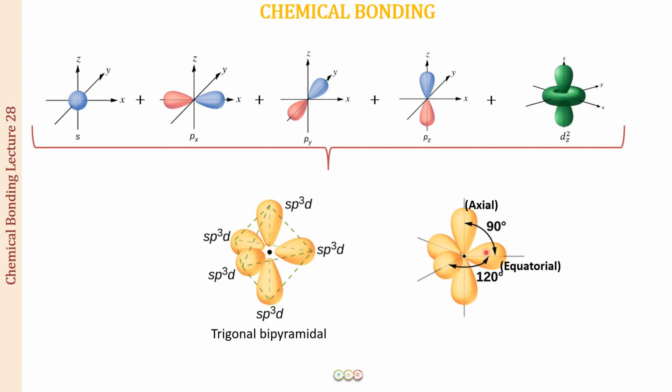We will discuss more about this in a lecture on Bent's rule, where we will understand the applications of these orbitals in more detail. For now, I hope you understand that we have a mixing of five orbitals in sp3d hybrid orbitals. We call all of them sp3d. It is only a visualization of why these three are different from these two, by explaining that these three mix together and those two mix together.